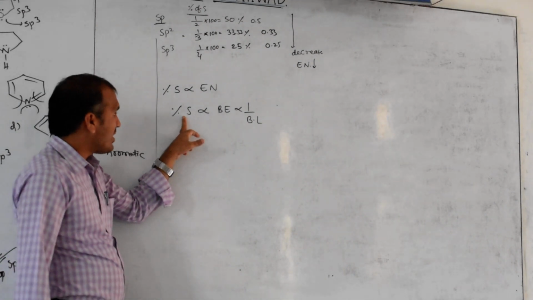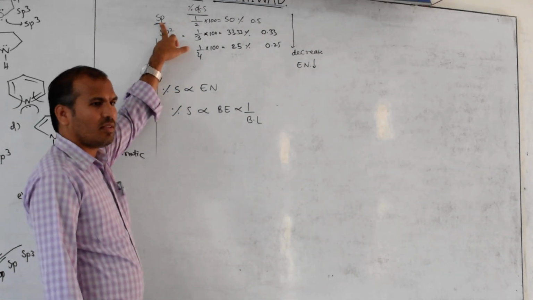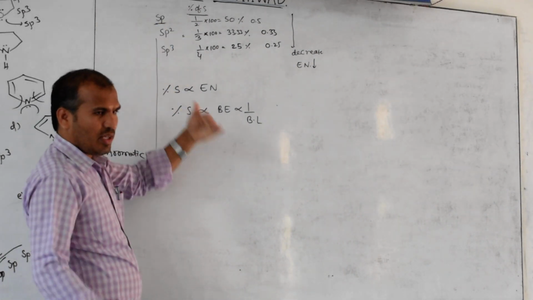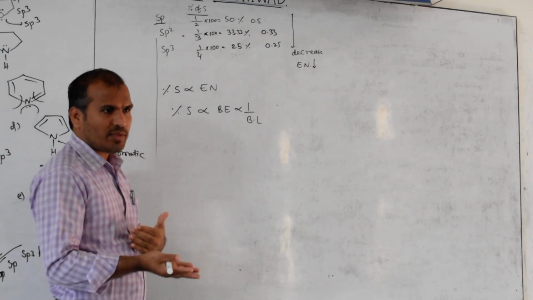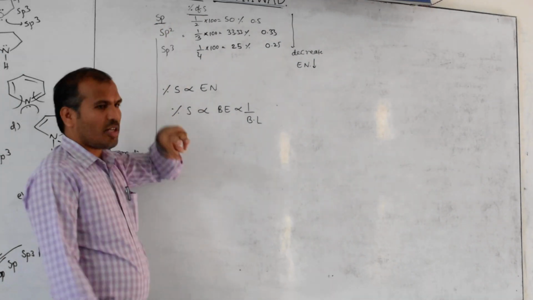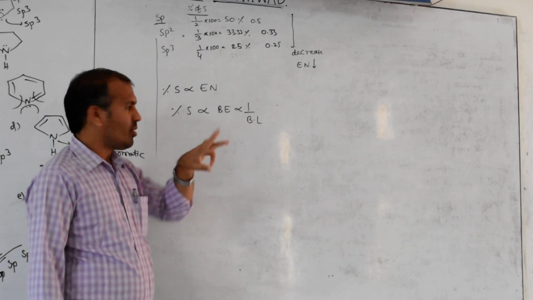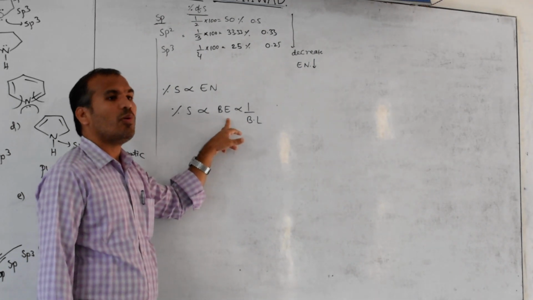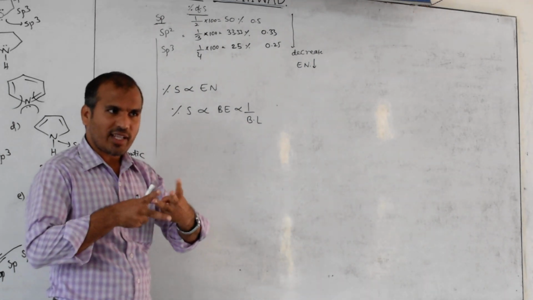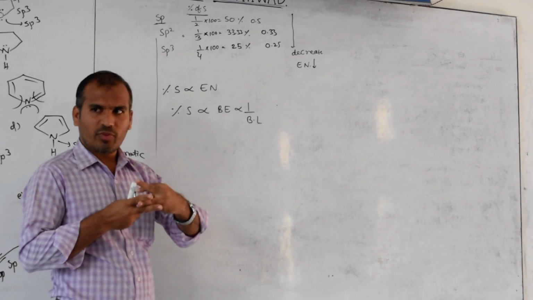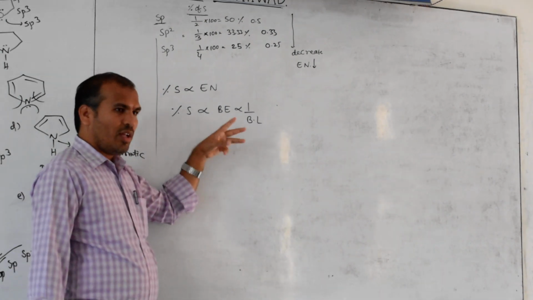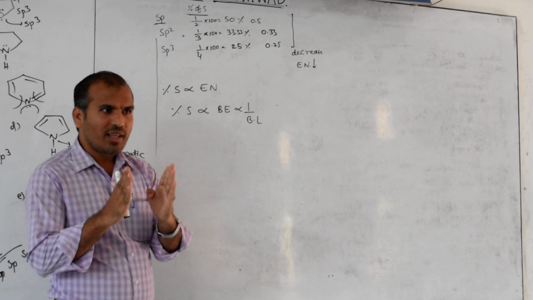Why? Percentage of S character means what? In SP, S character is more. SP means what? Triple bond. Triple bond means bond energy more. Even breaking 3 bonds is difficult compared to 2 bonds or 1 bond. Got the point? That's why bond energy is more. 3 bonds are there, bond length less.